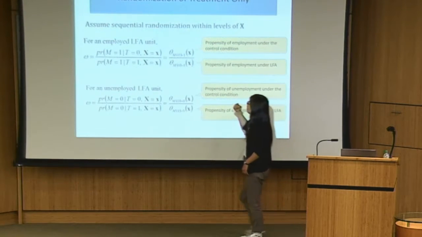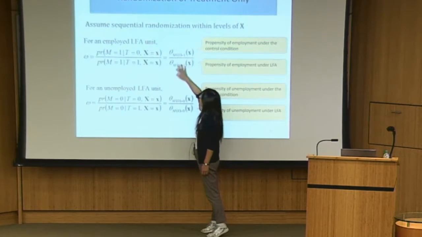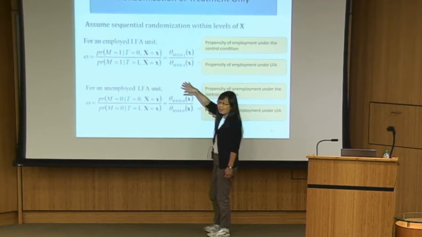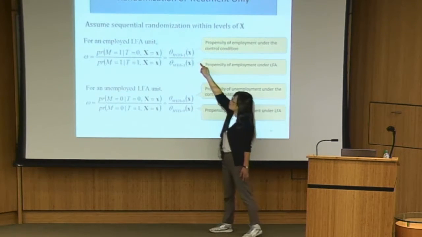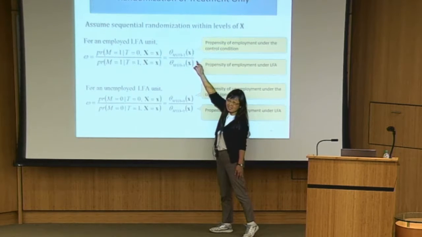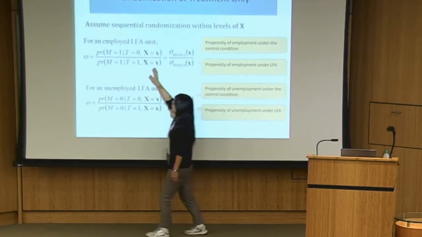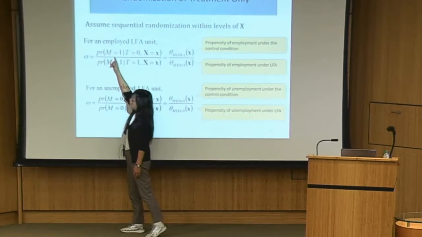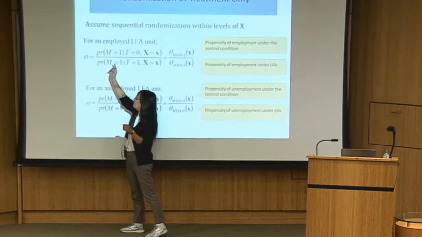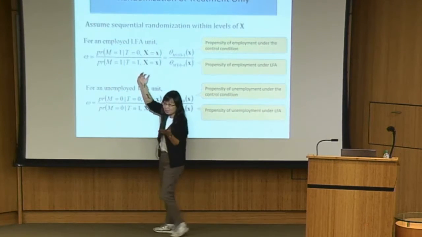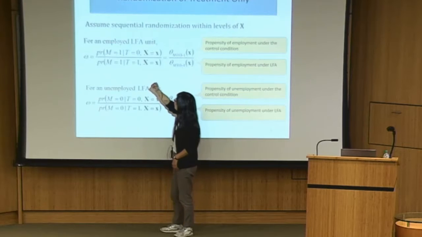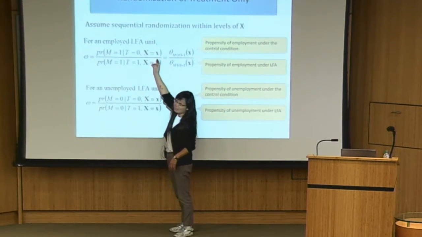So now it's still theta M0 over theta M1, but each theta is a function of X. And each theta is the probability of your actual mediator value given the treatment that you were assigned to or would have been assigned to, and given your covariates.